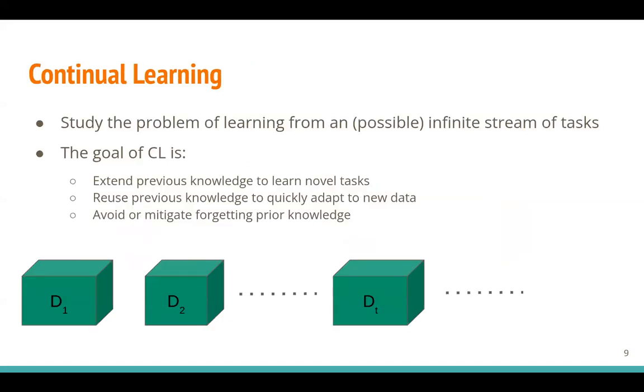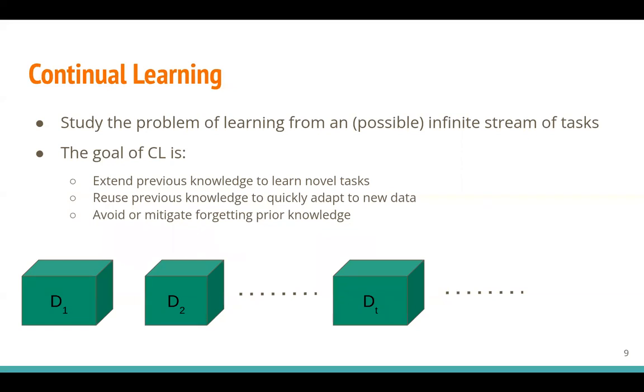So the whole area that focuses on studying this problem is known as continual learning. And it's basically trying to solve this idea of training on a possibly infinite sequence or stream of data or tasks. And the goal is similar to humans, as these flexible learners. We first want to extend the previous knowledge.